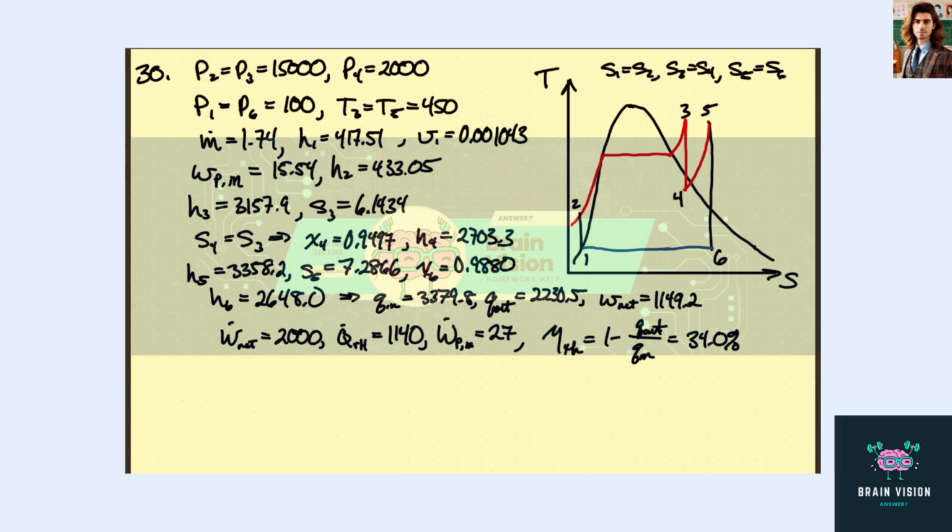And then at 3, we know pressure and temperature, so we can get enthalpy and entropy. At 4, we're assuming an ideal turbine at this stage. That would be the high pressure turbine.